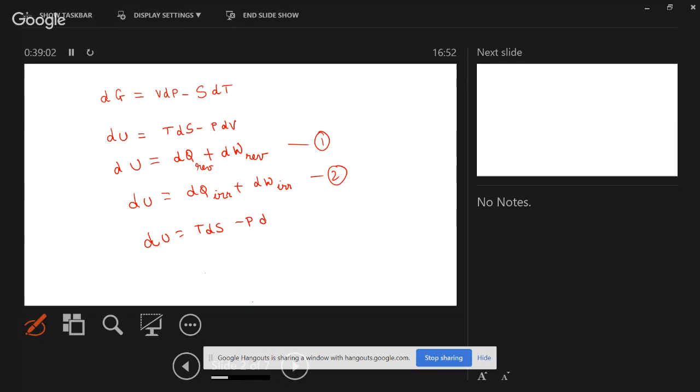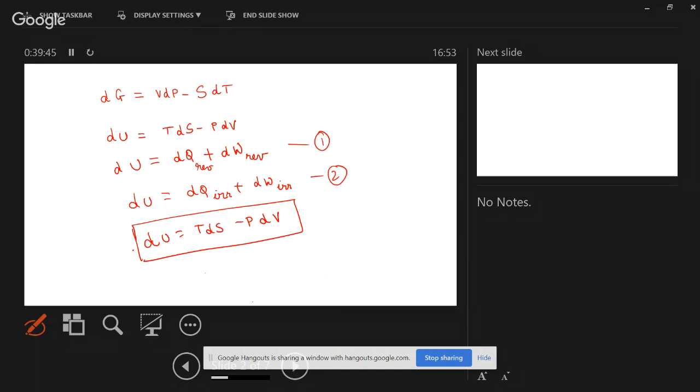So this is always true whether the process is reversible or irreversible. The only thing that differs is that the two individual terms, TdS and minus PdV, can be identified with heat and work for a reversible process, but they cannot be identified with heat and work for an irreversible process. So irrespective of the type of process, the fundamental property relations will not change.